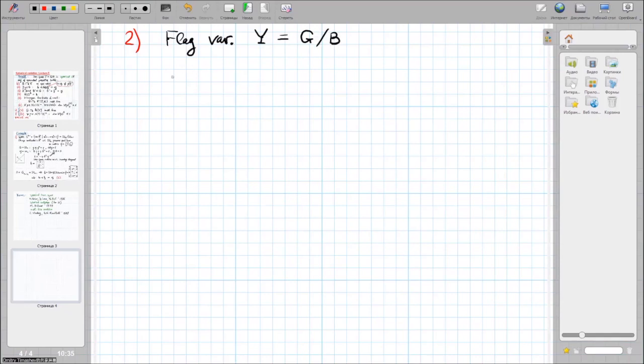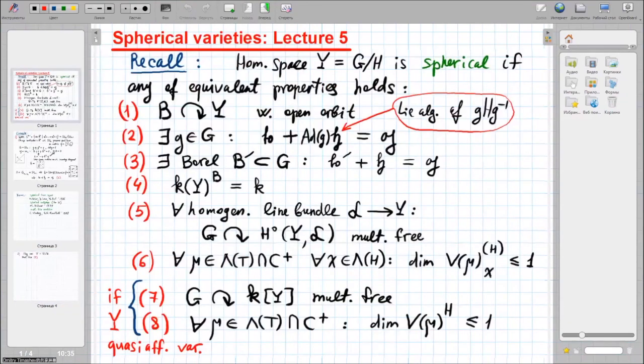So it is immediate to check the multiplicity-free property, that is the condition 5. This one, that the representation of G in the space of sections of any line bundle over a generalized flag variety is multiplicity free.